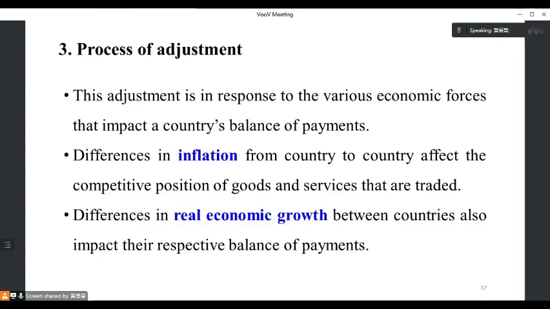From this page of PPT, we should understand that if there is a difference between 2 countries' inflation, this difference will influence the country's balance of payments.